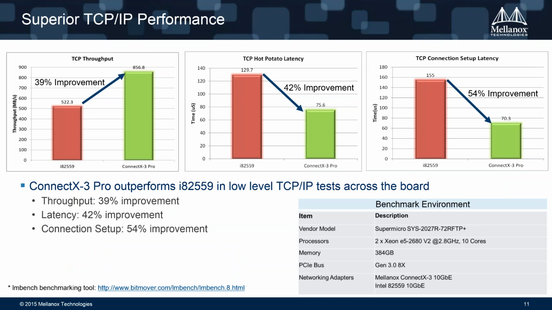But when we are talking about the NIC itself, the speed is just half of the picture. Everybody can say, you know what, we are supporting 10 GbE, 40 GbE, or 100 GbE. The key is how efficient the implementation is on the controller itself.